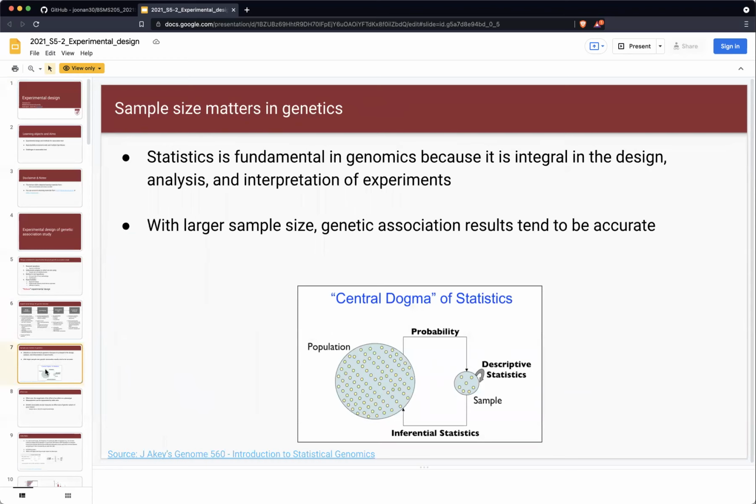Okay, so talking about the sample size, this is one of the critical things in genetics. The reason is that statistics is basically describing the level of association in a certain trait or disease. And when we're talking about using statistics, we are basically calculating the probability of the effect size of the variance in a certain trait.